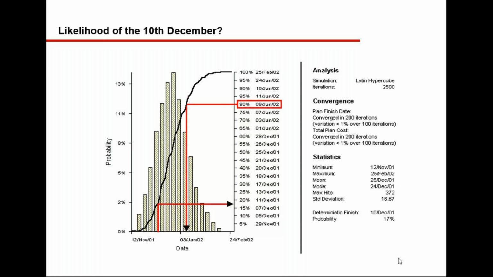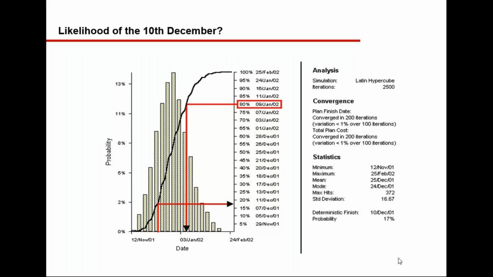The date which we had arrived at based on the Primavera scheduling has only a 17% chance, right? Now, how did it calculate this?